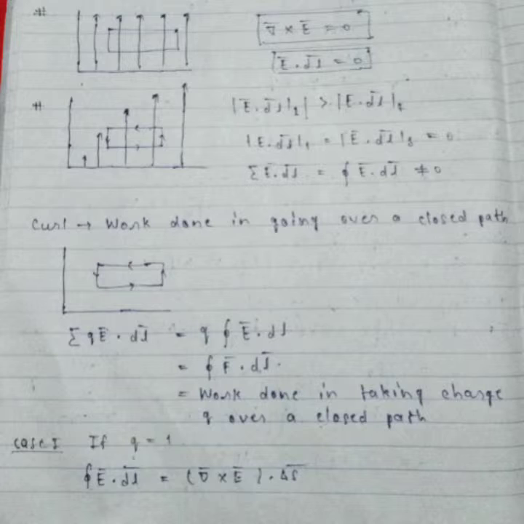Take a charge q and take it around. Now E times q dot dl summed, which I am writing as q integration E dot dl, is nothing but force on the charge dot dl. So this integral represents work done in taking charge q over a closed path.